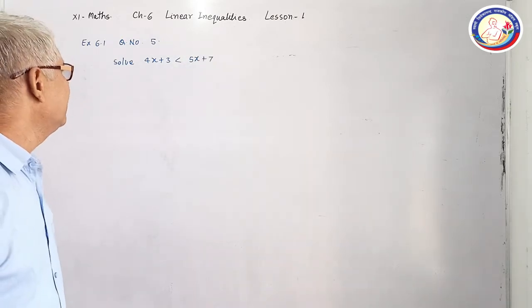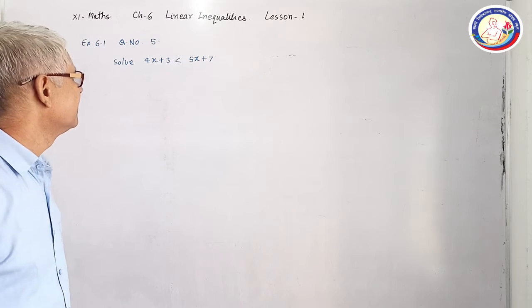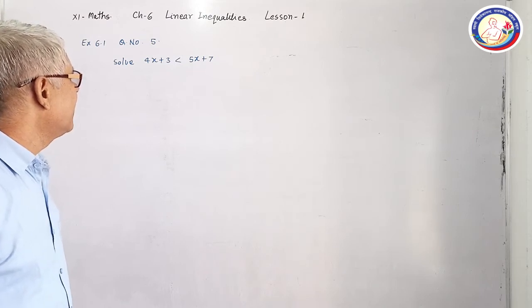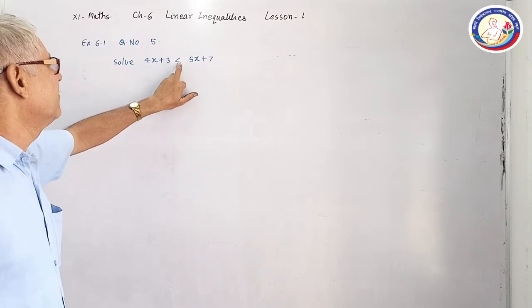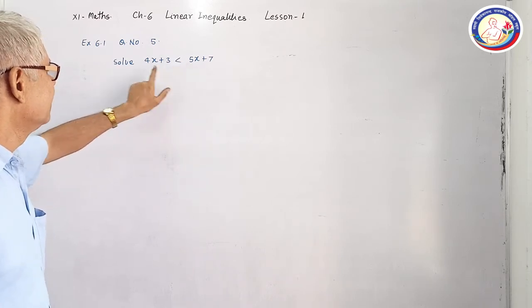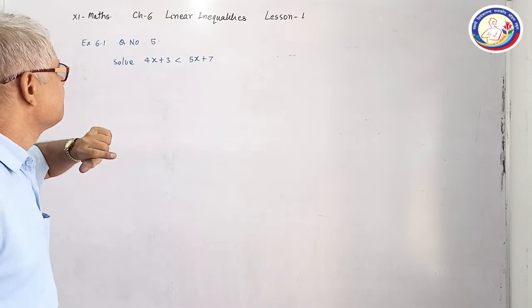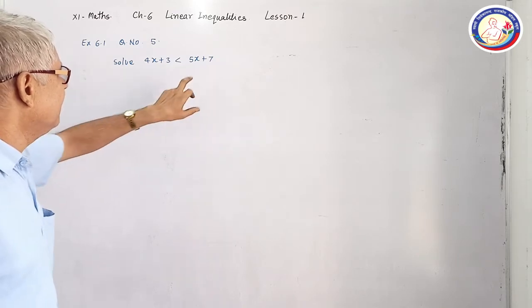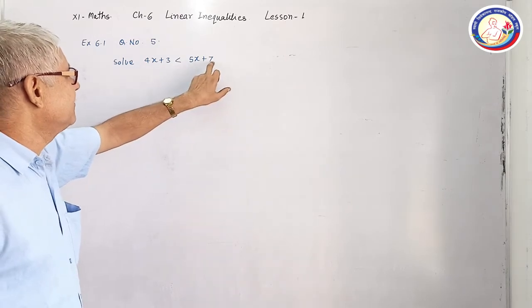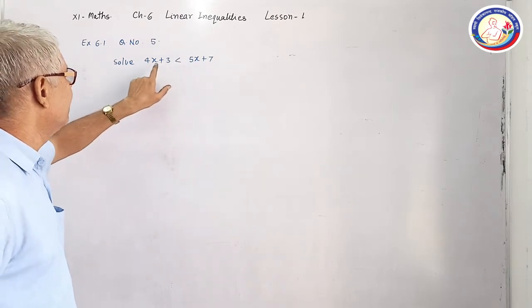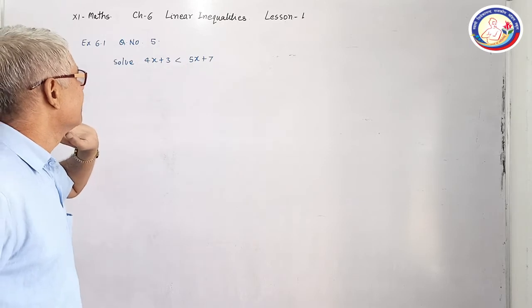You can find the solution of this by taking the equal to sign in place of this, but here we can't transpose one term from one side to another side.